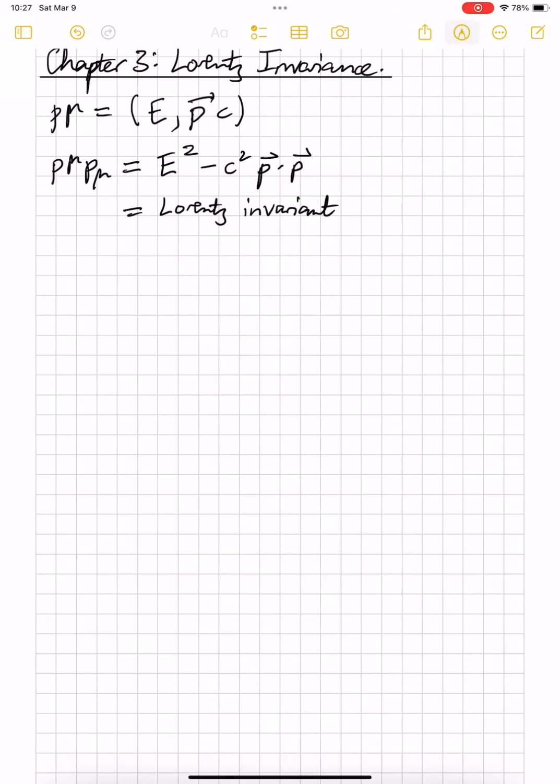This is something that's invariant under rotations, and it's invariant under boosts. And well, it turns out, I'm just stating this result, that this is equal to m squared c to the 4. So if I just rearrange this slightly, I get the following equation. E squared is equal to m squared c to the 4 plus c squared p dot p.